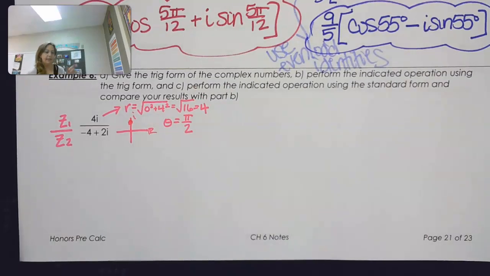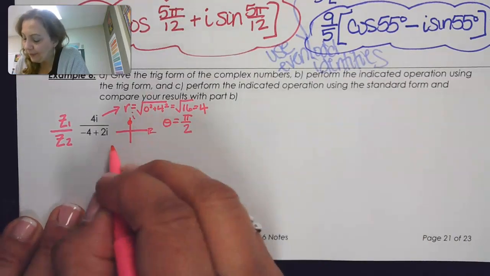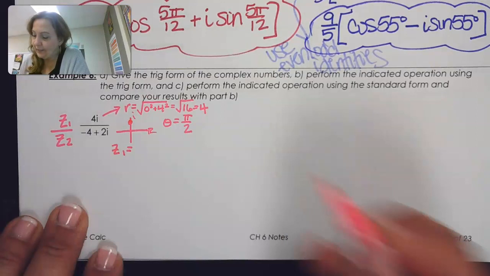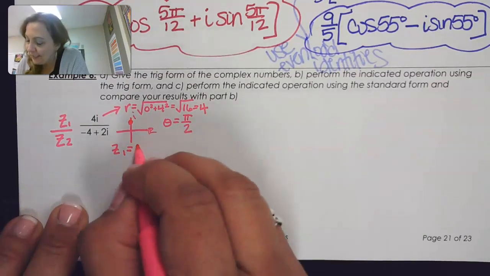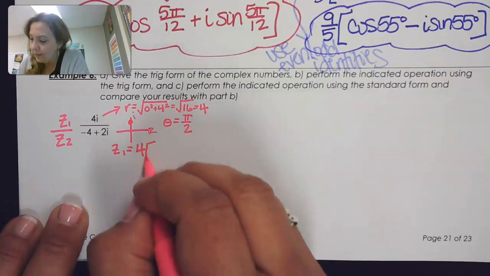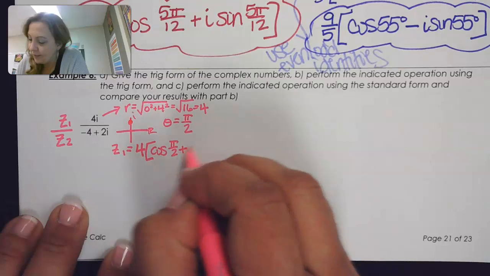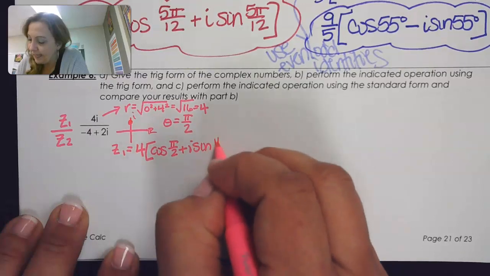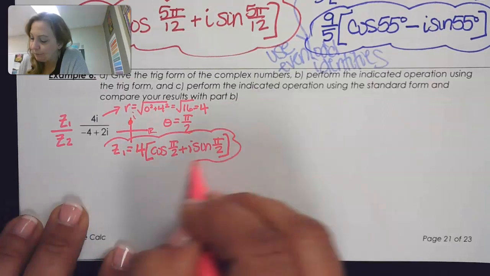And I'll use radians for this one. Okay, so that means that we can write what Z1 is, because we have our r and our theta. So Z1 is going to be 4 times the cosine of pi halves plus i times the sine of pi halves. Okay, so that's the first part.